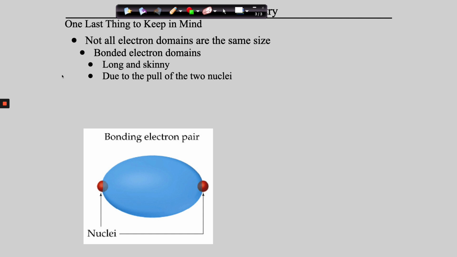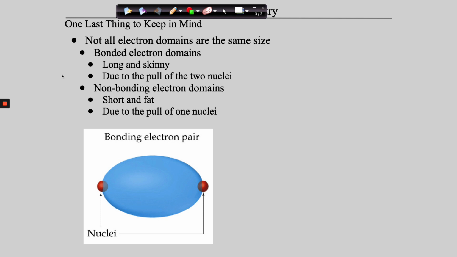You guys okay? So let's then talk about non-bonding domains. Non-bonding domains are short and fat. And I'll leave the lights off just to let you see this image, and then we'll turn them back on. Non-bonding domains are short and fat. Why?